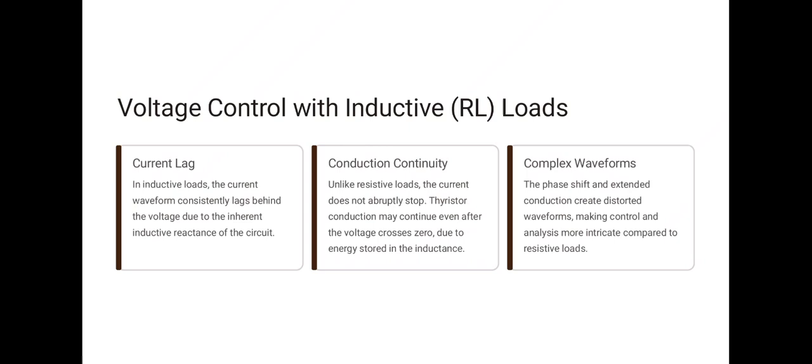Thyristor conduction may continue even after the voltage crosses zero due to energy stored in the inductance. Complex waveforms: the phase shift and extended conduction create distorted waveforms, making control and analysis more intricate compared to resistive loads.